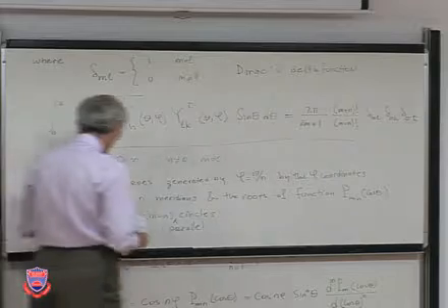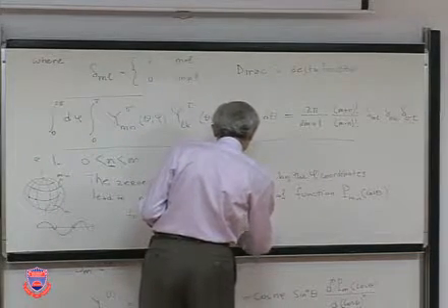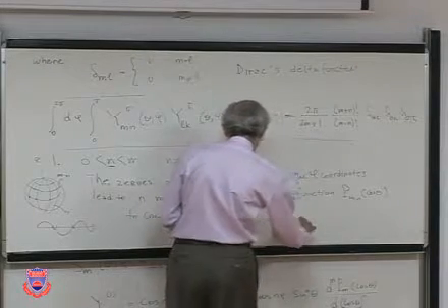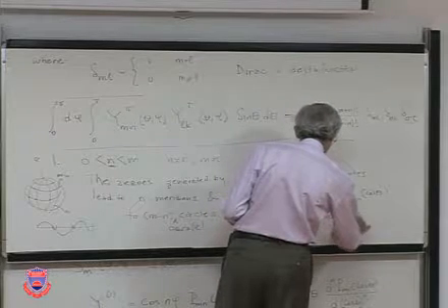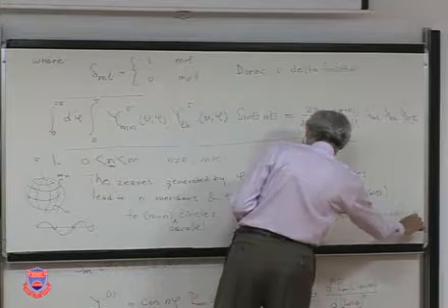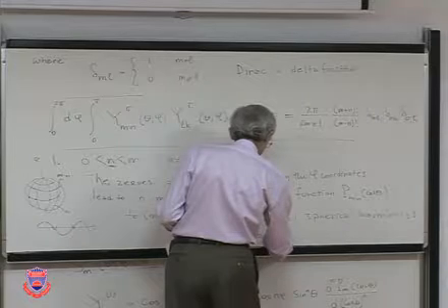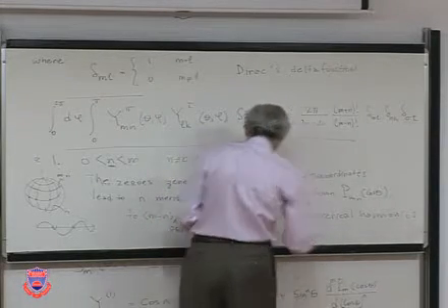Sometimes we call these the tesseral spherical harmonics. I don't know if you will ever see this. Tessera, I think in Latin, means cube. It just reminds you of the shape.